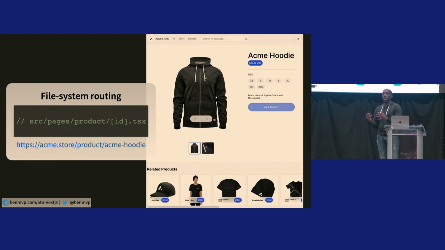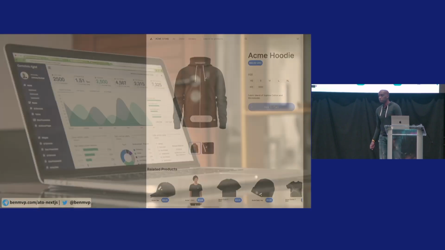But since we have a product page that's going to have multiple different pages, you could have Acme hoodie, Acme shirt, whatever the case, Acme shoes. We're using what's called dynamic path-based routing. So that's why it's in the square brackets there to signify that it's going to be an ID. Multiple types of pages could be there.